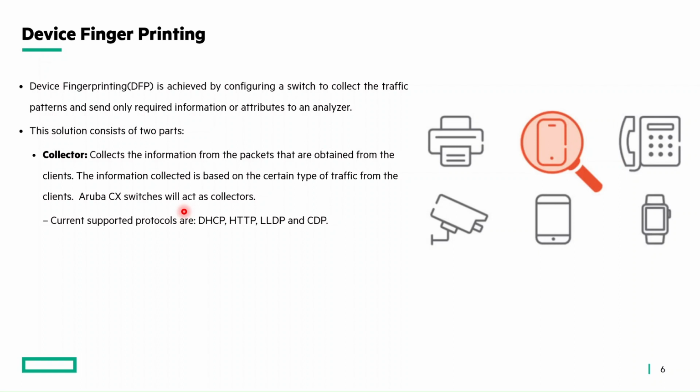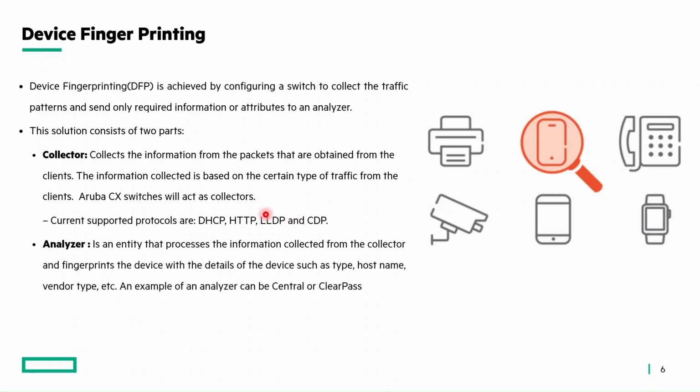In the current release, the device fingerprinting feature monitors the DHCP, HTTP, LLDP, and CDP traffic from the end devices and extracts data from these protocols based on the user configuration. The information collected from these devices may include the type of the device, the vendor, the operating system of the device, and the version of the operating system, etc. The next component is the analyzer.